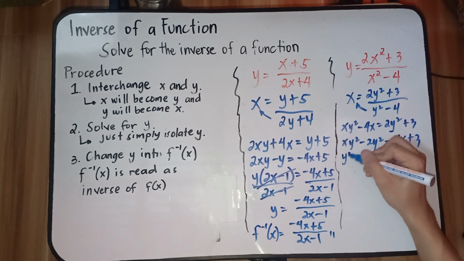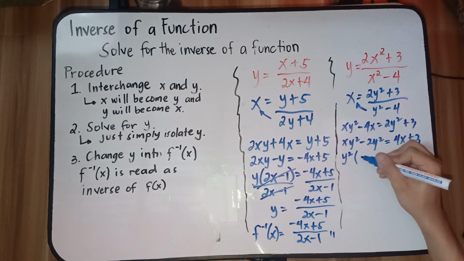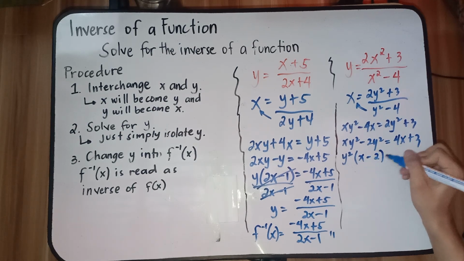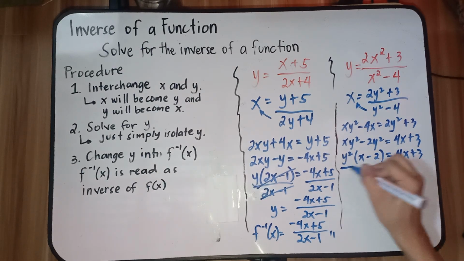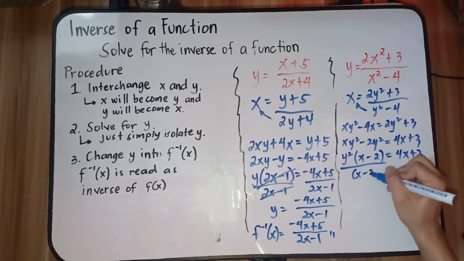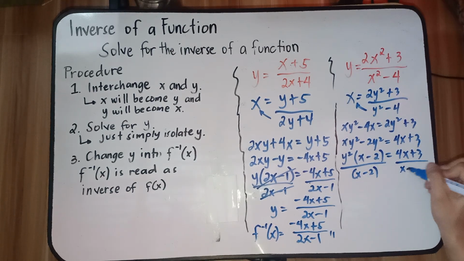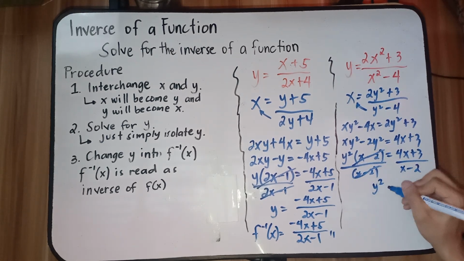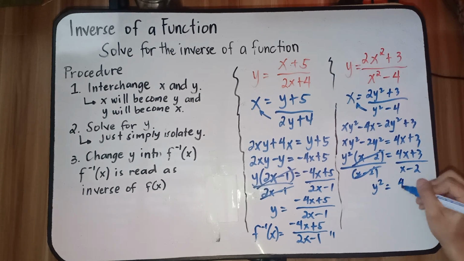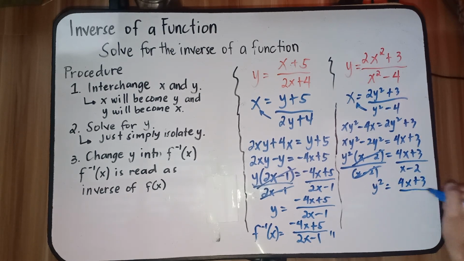So we have y squared times x minus 2 is equal to 4x plus 3. And after that, we can divide both sides by x minus 2. So x minus 2 is cancelled. So we have y raised to 2 is equal to 4x plus 3 over x minus 2.